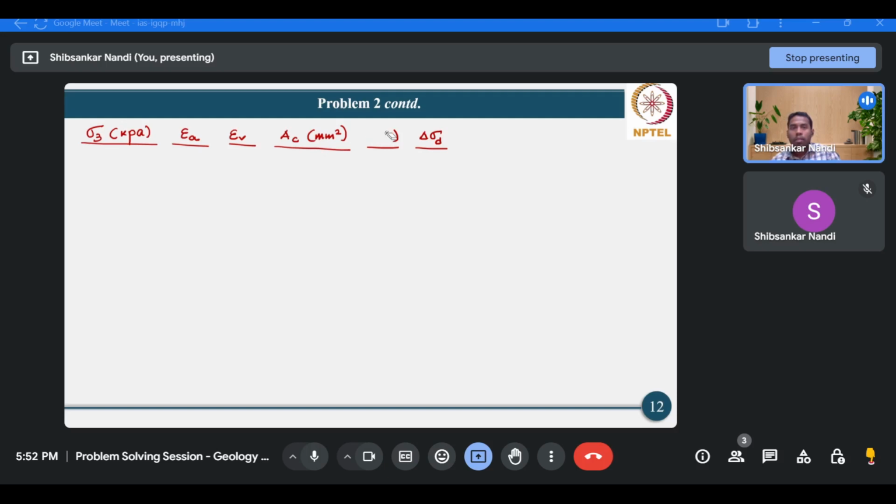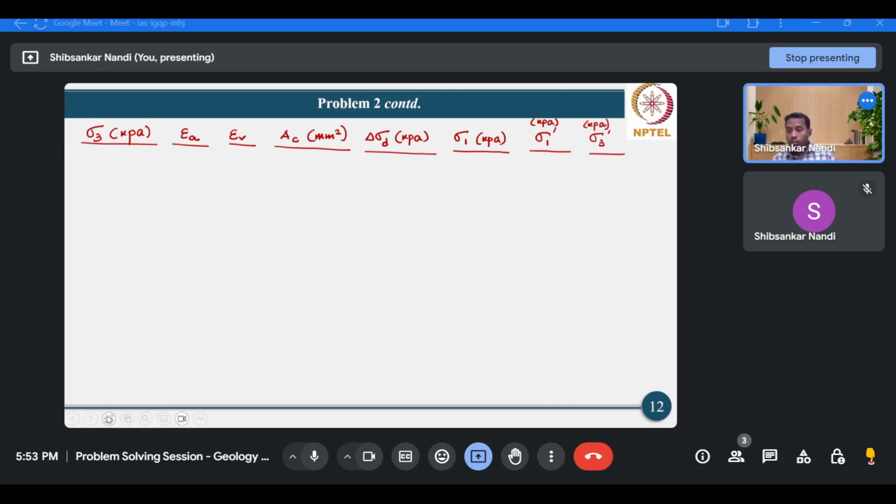If this is given, it is not required. Then sigma 1 prime and sigma 3 prime, both in kPa.